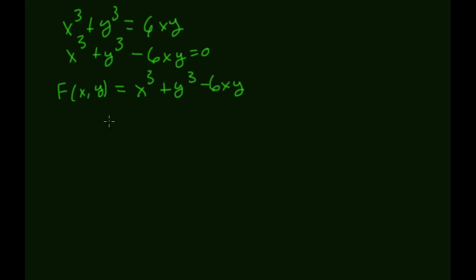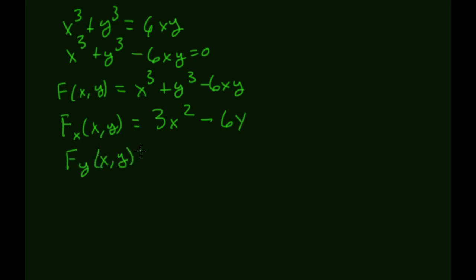Now, according to what we wrote earlier, if I take F sub x of x, y, this gives me 3x squared minus, let's see, that's going to be 6y. If I take F sub y of x, y, this is going to give me 3y squared minus 6x.